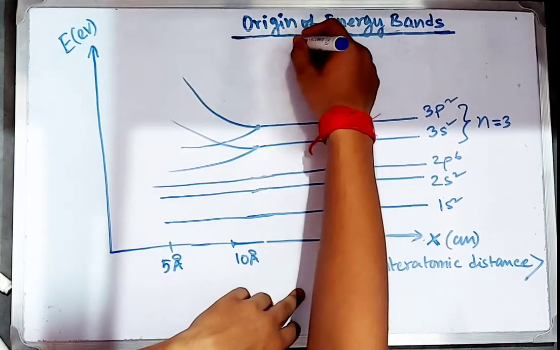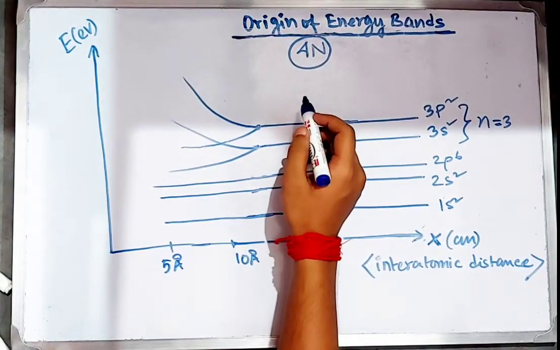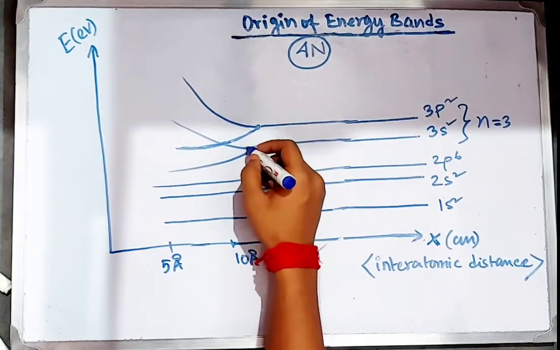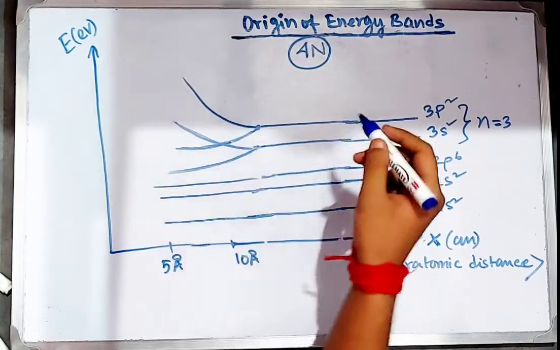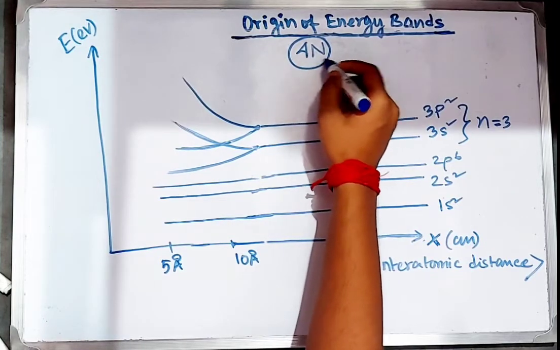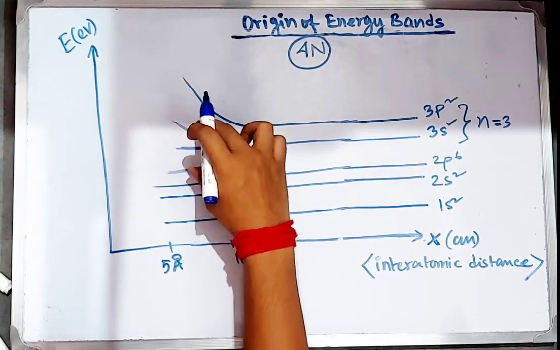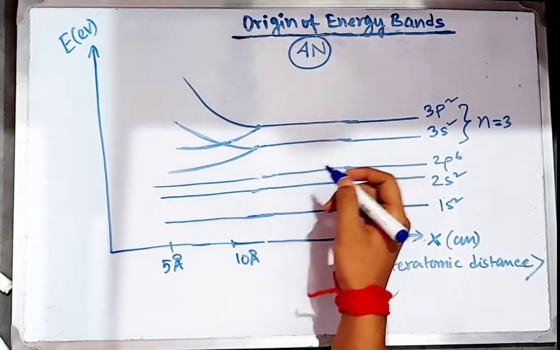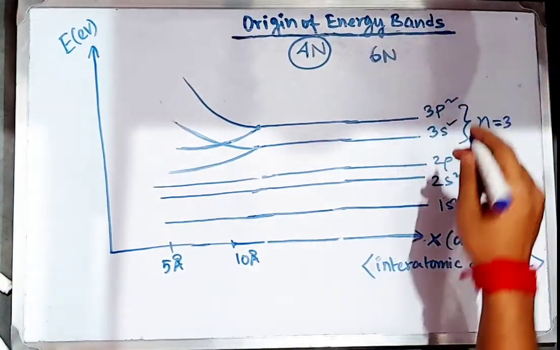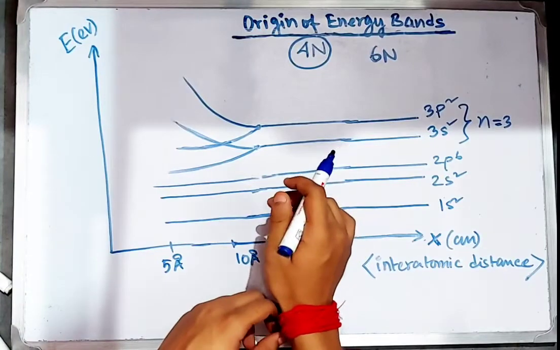So if there are 4n number of electrons, this 3p and 3s will get split, and all these 4n number of electrons will get placed within the energy states in these bands. But 3p can hold 6n number of electrons, because each of the 3p subshells has the capacity of holding 6 electrons.